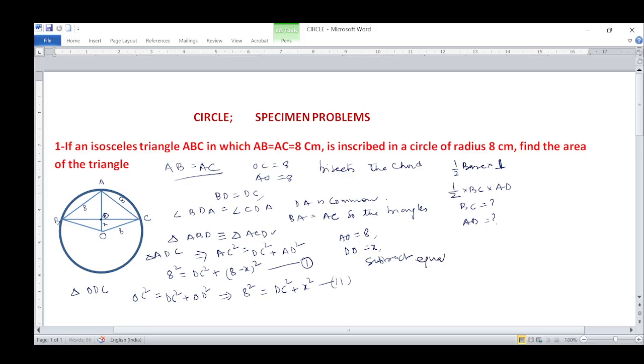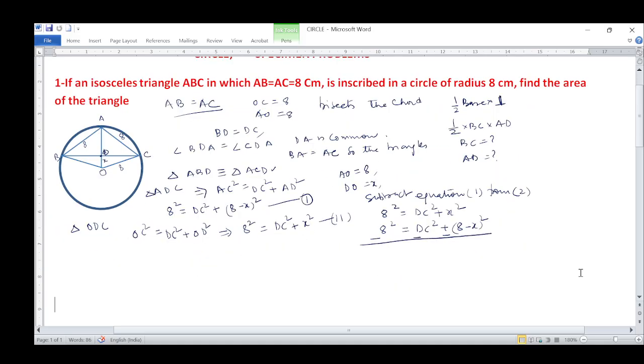equation 1 from 2. So let me write equation 2: 8 square is equal to DC square plus x square, and the first equation is 8 square is equal to DC square plus 8 minus x whole square. Write down as we do in algebra.